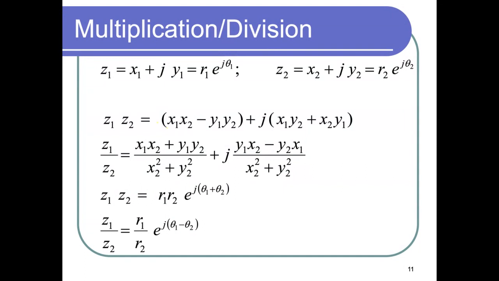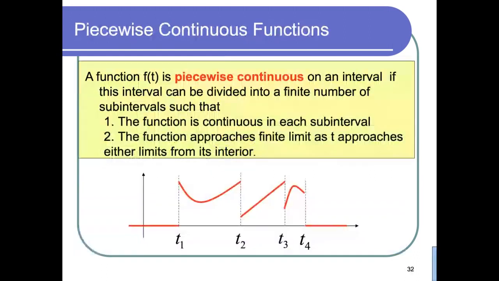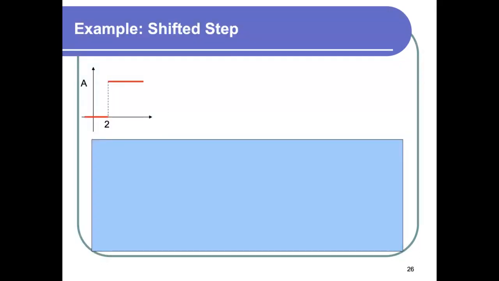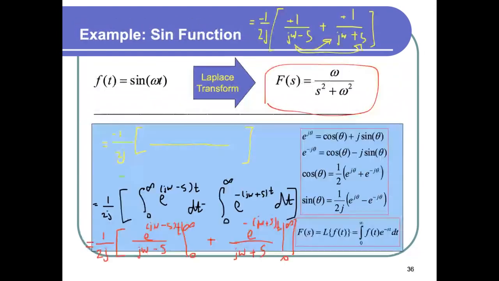If I multiply two complex numbers, then we have x1 x2 minus y1 y2. So in our case, you know what, let's just multiply.